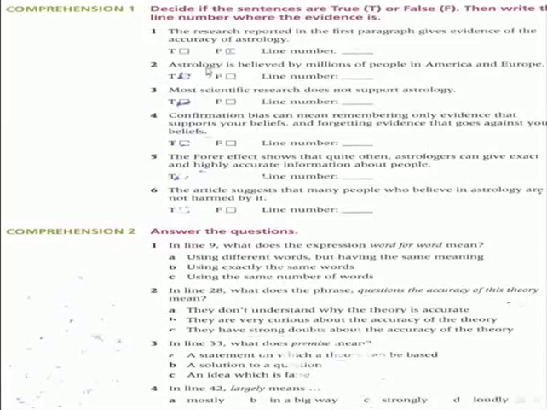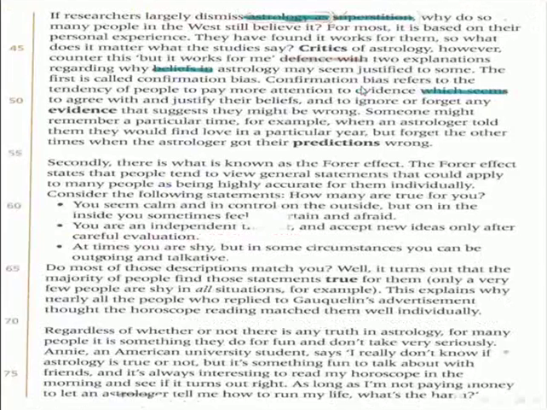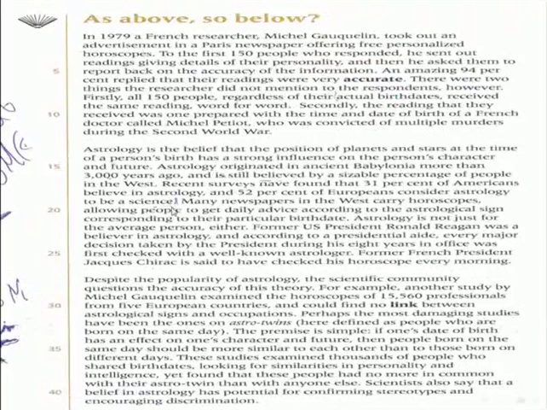Okay, 2. Astrology is believed by millions of people in America and Europe. The answer is true. How do we know it's true? We go to the line numbers right here, line number 17 to 19. Let's go back, 17 to 19, 17 here, 15, 16, 17.